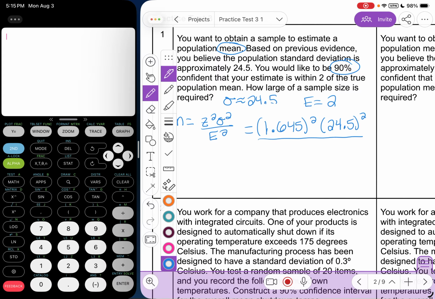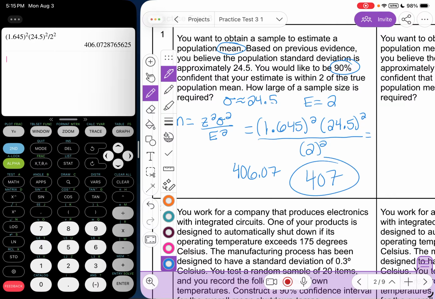And that goes over the margin of error squared. So we're going to type that right in the calculator: 1.645 squared times 24.5 squared divided by 2 squared. And we get 406.07. And you always round up, so we would need to ask at least 407 people.